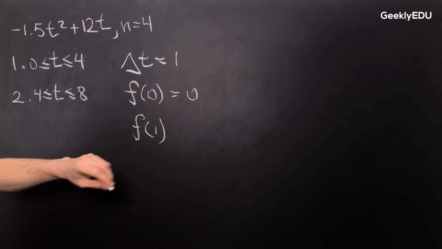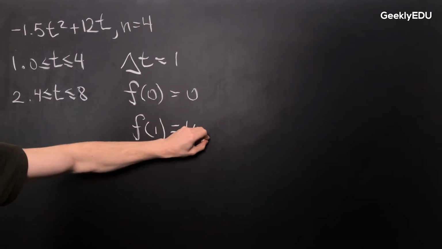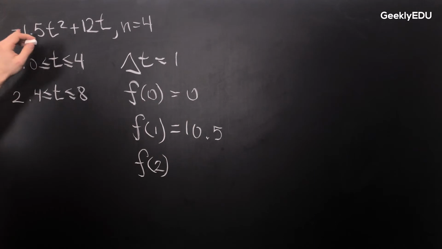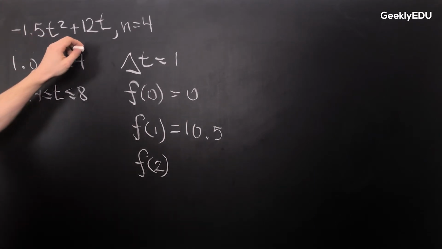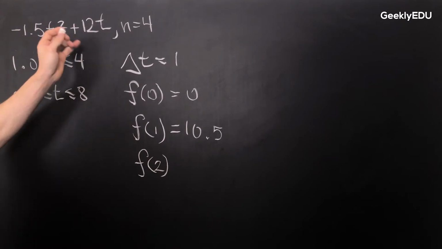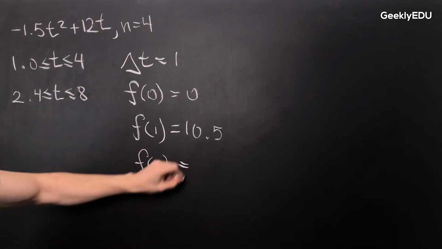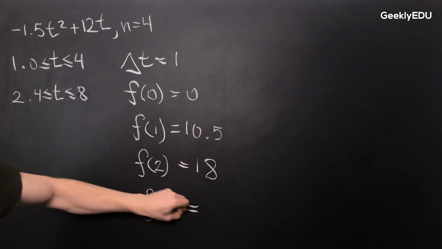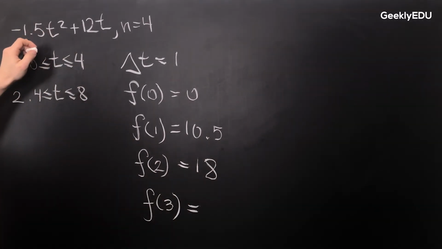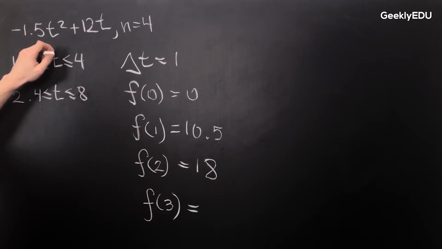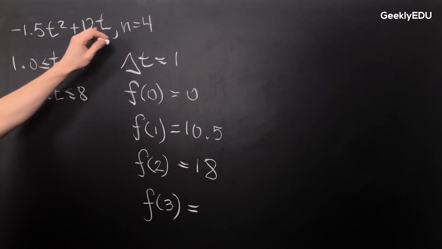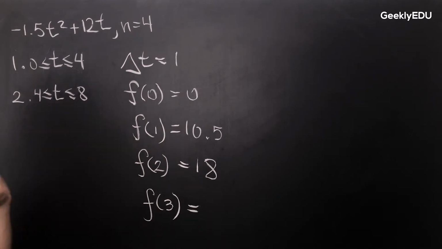So that equals 10.5. f2 equals 4 times negative 1.5, so negative 6, plus 24, or 24 minus 6, and that gives us 18. f3 gives us 9 times negative 1.5, and that equals negative 13.5, plus 36, or 36 minus 13.5, and that gives us 22.5.